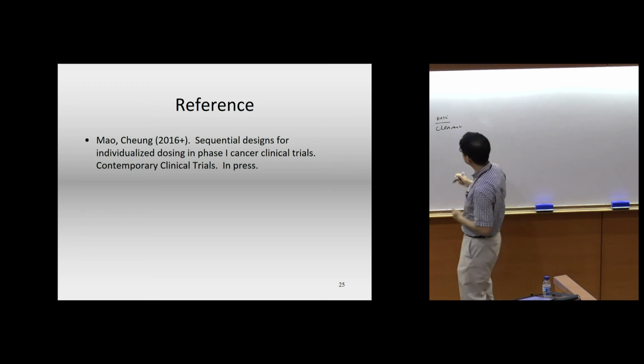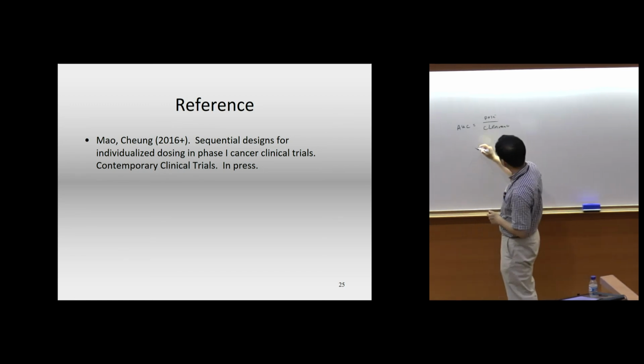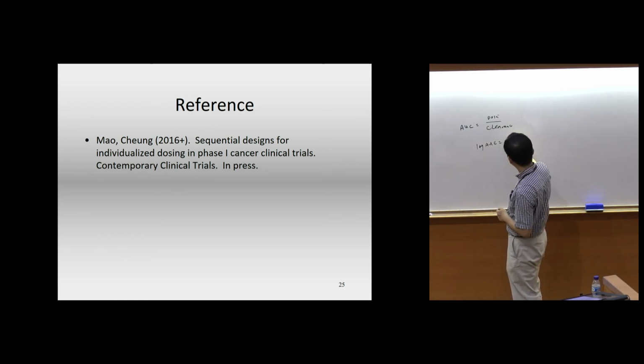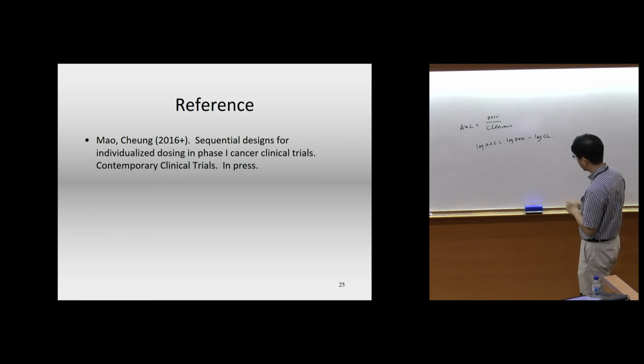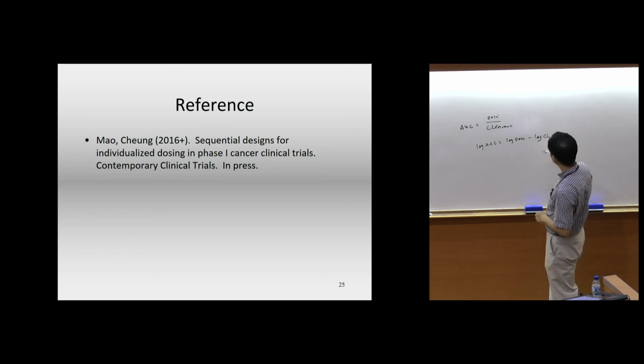Because of that, you want a log scale, log clearance, right? And the goal is to find a dose for each drug clearance so that this is equal to log of 22.157.